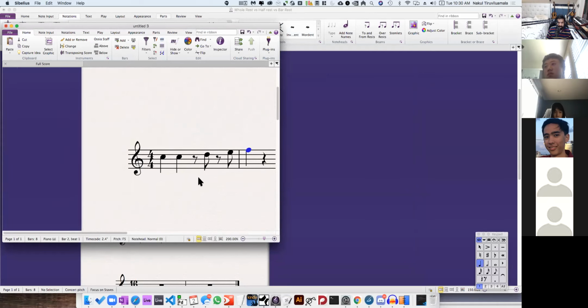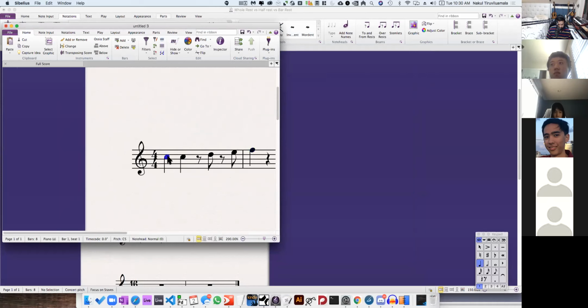In this particular example, I have basically beat 1, beat 2, and a 3, and a 4. So instead of thinking about this as an anticipation, you can think about this as a delay. Sibelius won't like when I try to create events that are off the path.